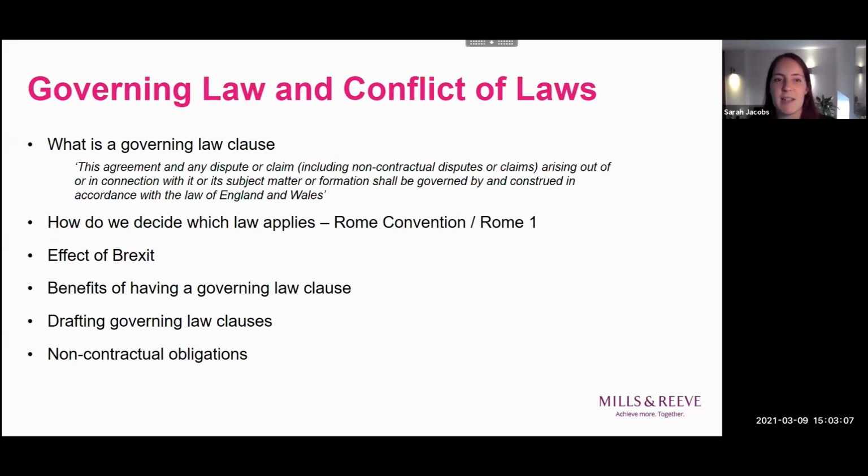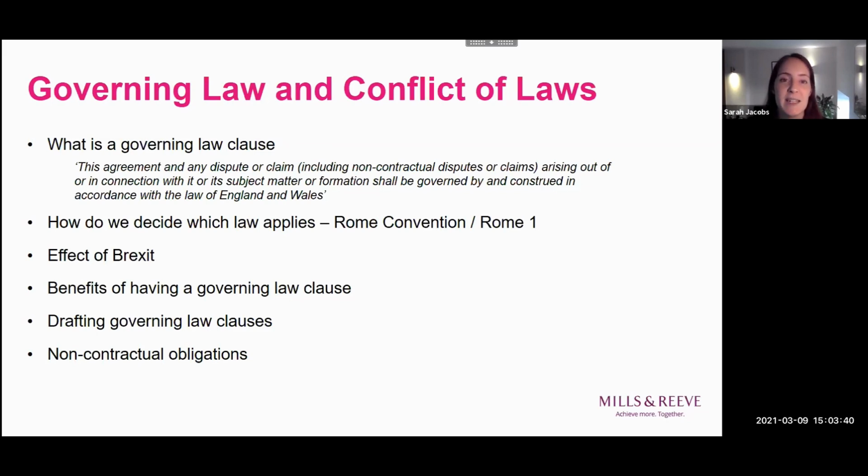Great. So I'm going to start off by explaining what on earth we're talking about when we say governing law and conflict of laws. Say you enter into a contract with another party and a dispute arises out of that contract. How do you know which law of which country is going to apply? When you've got two UK parties and work being done in the UK, it's not really likely to be an issue.